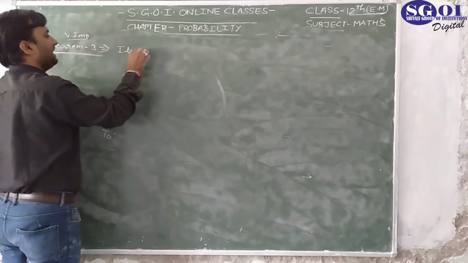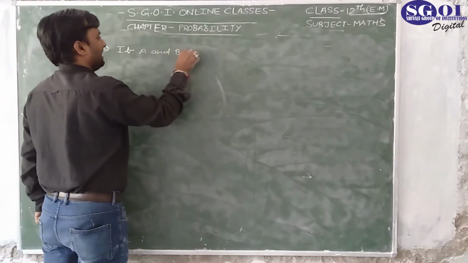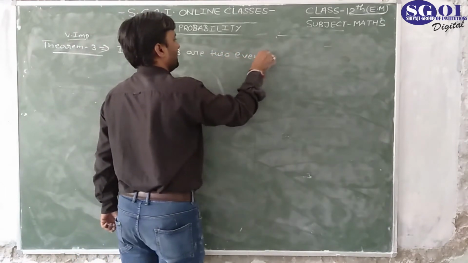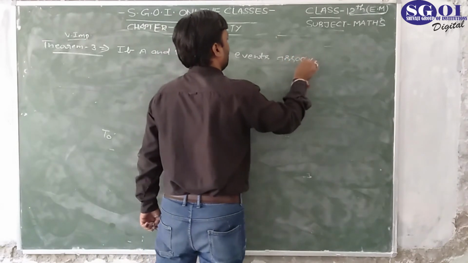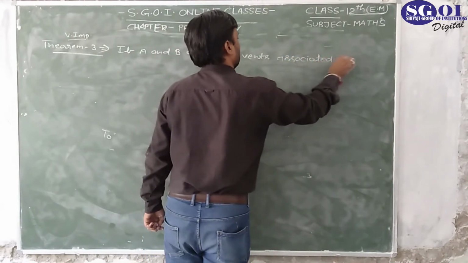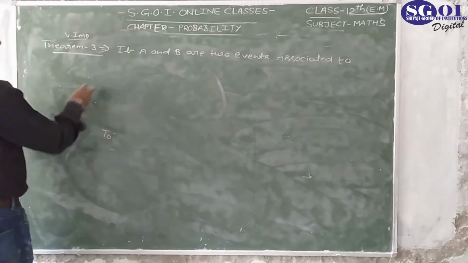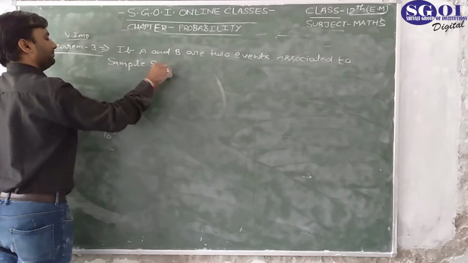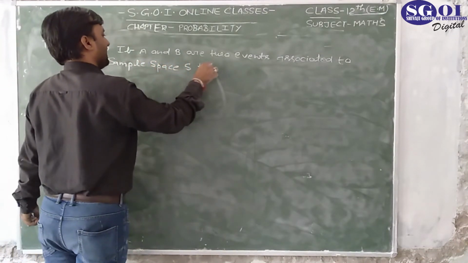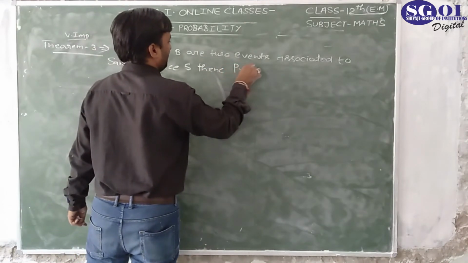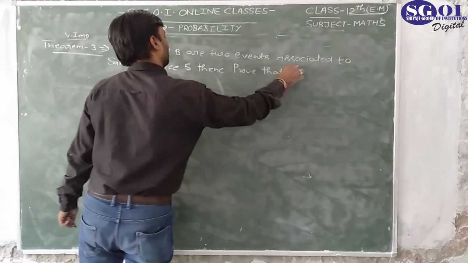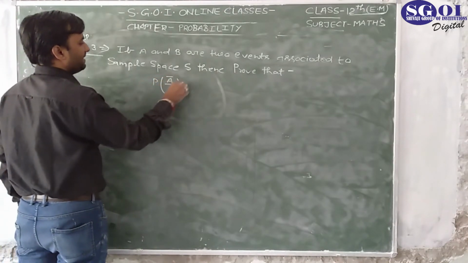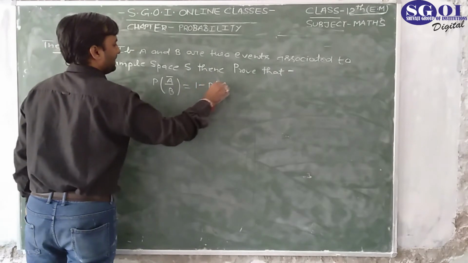If capital A and capital B are two events associated to sample space S, then prove that probability of A bar given B is equal to 1 minus probability of A given B.